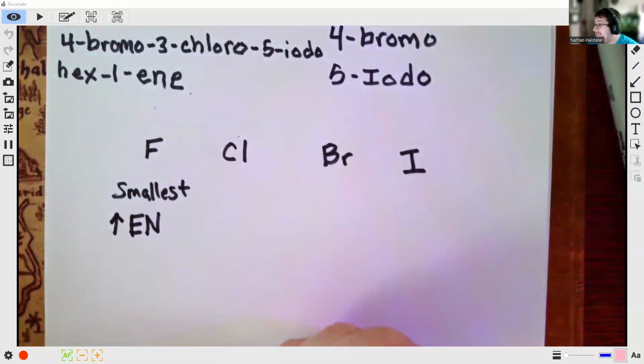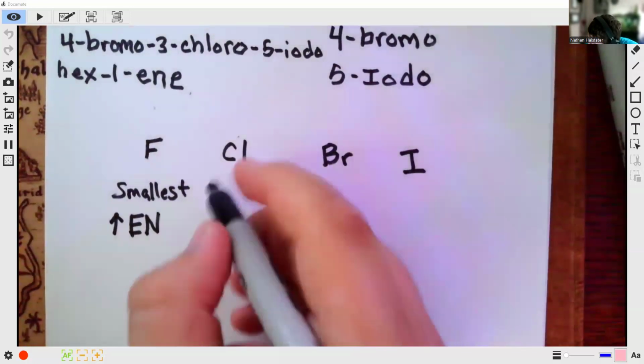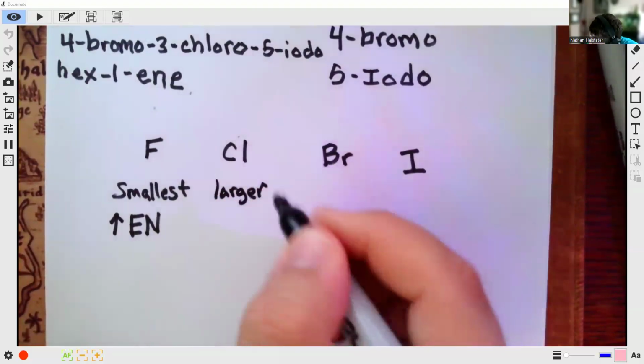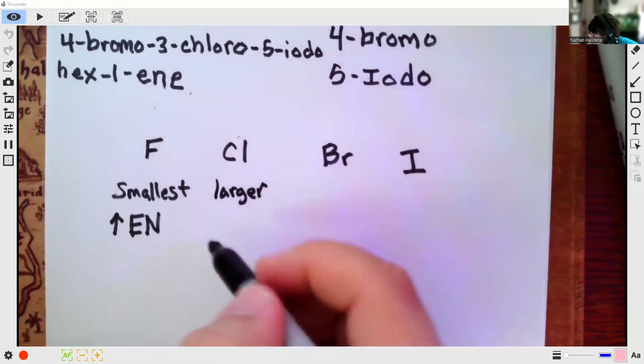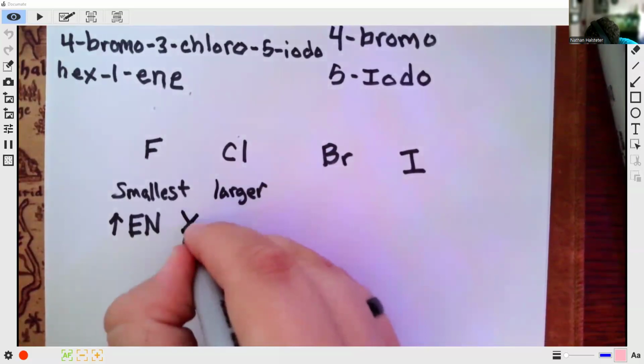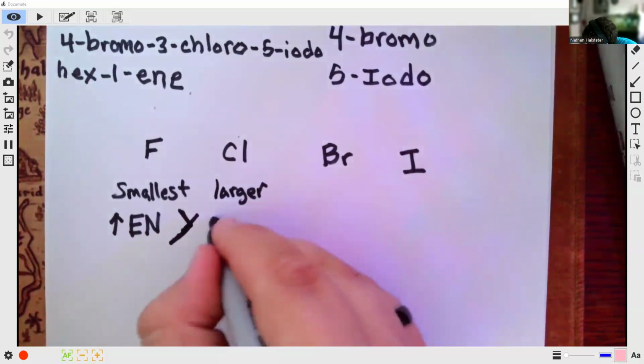Hopefully you got that right on exam 1. Chlorine is a little bit larger and kind of a middle electronegativity. So it's a little less, or no, that one's a little more electronegative than this one.